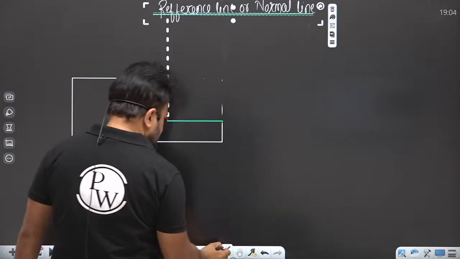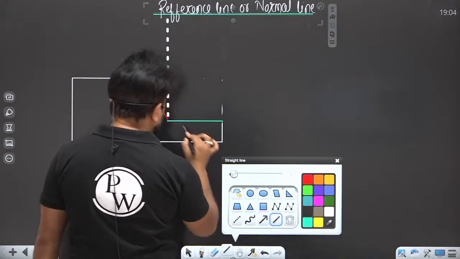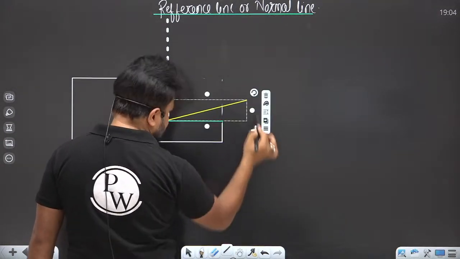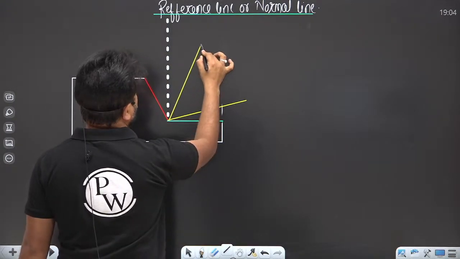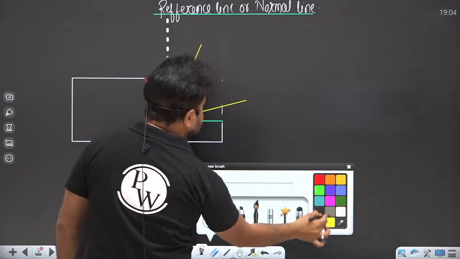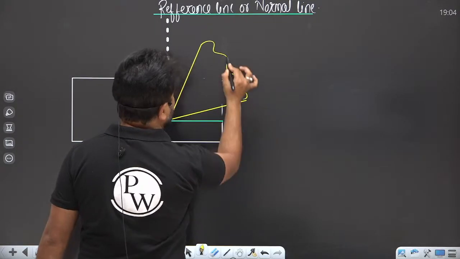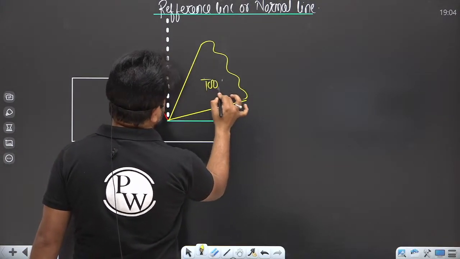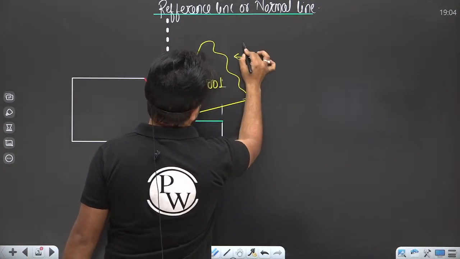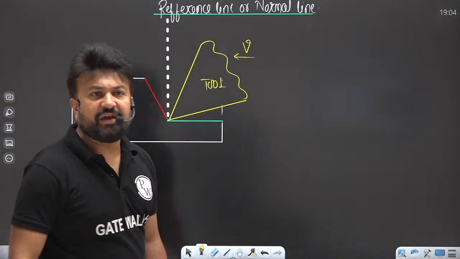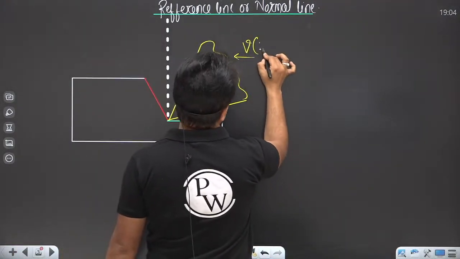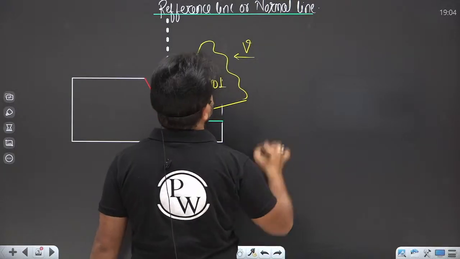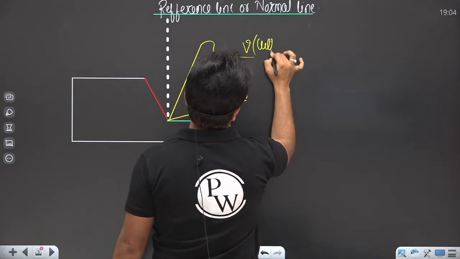So here the tool is moving toward the workpiece to cut the workpiece with a cutting velocity v. This is the cutting velocity.